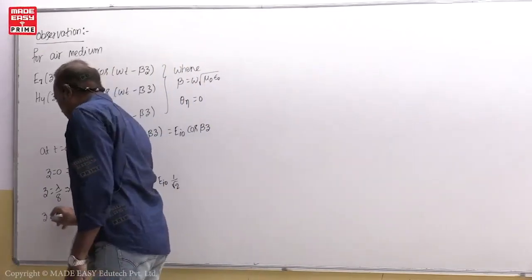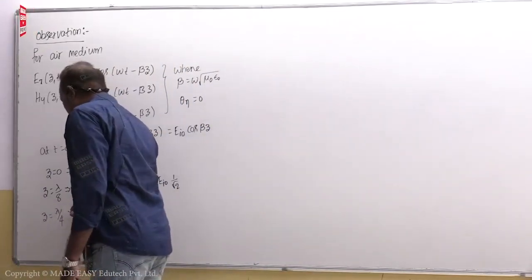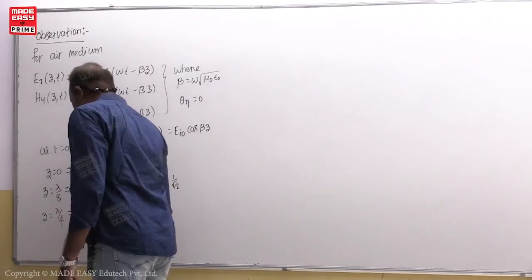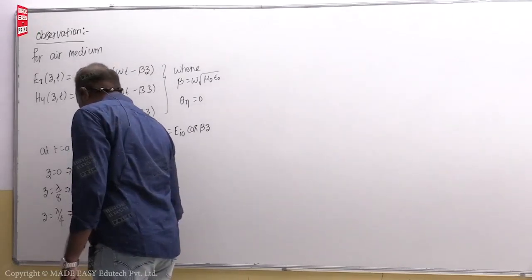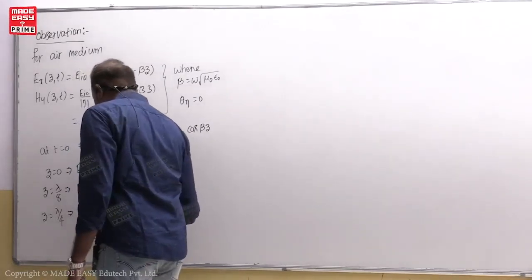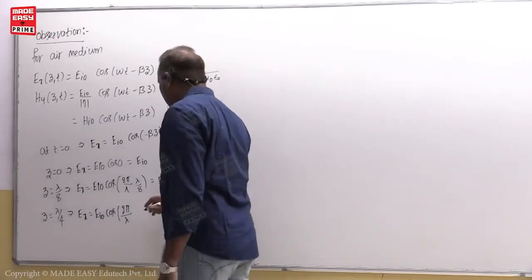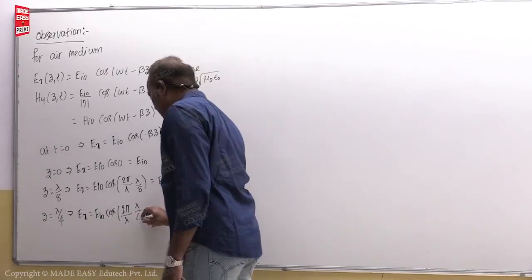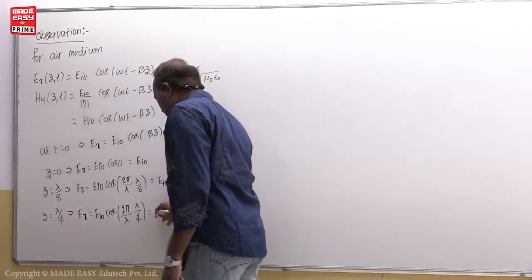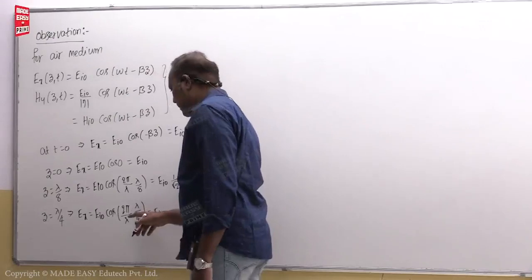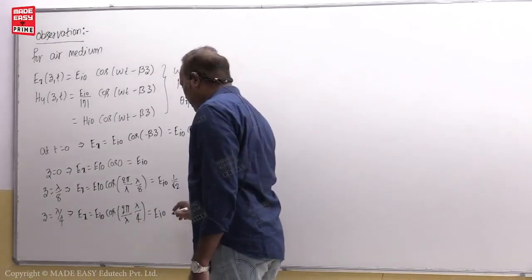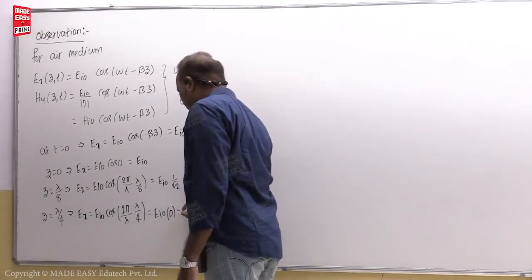When z is equal to lambda by 4, Ex is equal to EI0 into cos of 2 pi by lambda into lambda by 4. You substitute z as lambda by 4, lambda cancels, and you get pi by 2. Cos pi by 2 is 0, so you get 0.